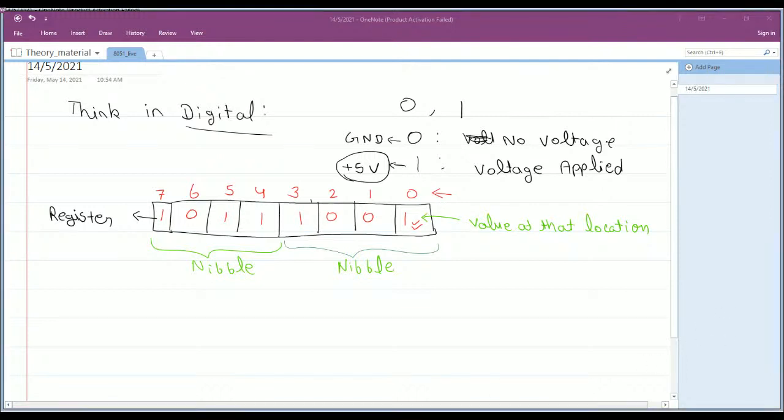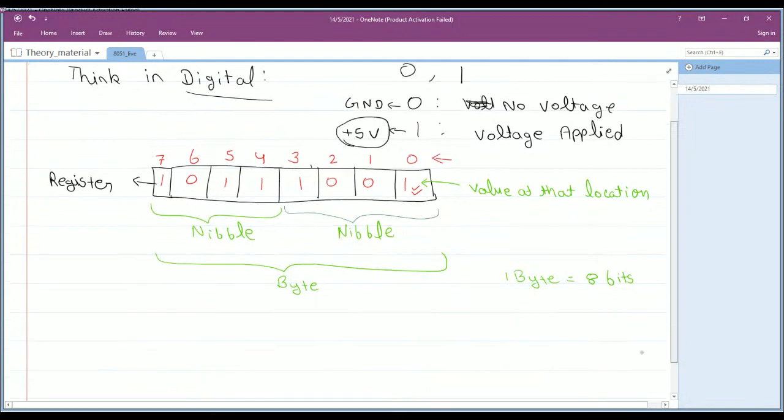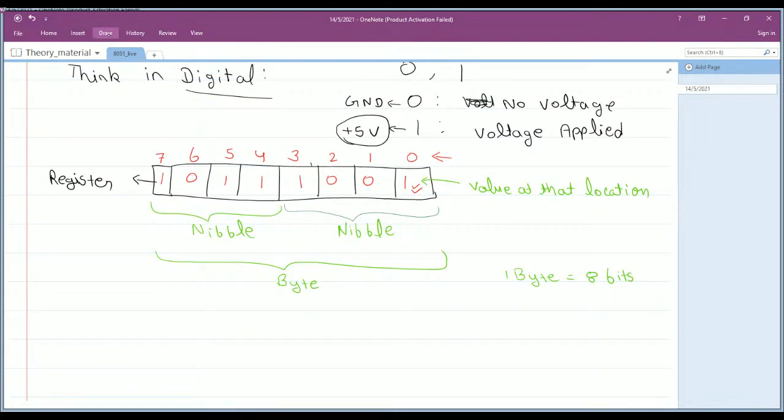And coming again, the entire combination of these 8 bits is known as a byte. So that indicates 1 byte is equivalent to 8 bits. That is very straightforward.